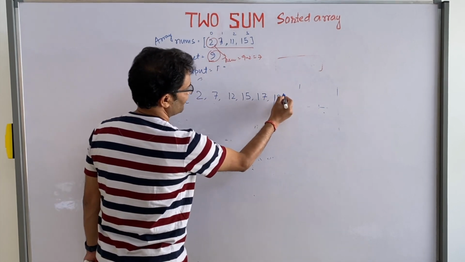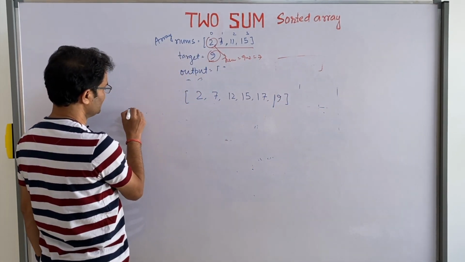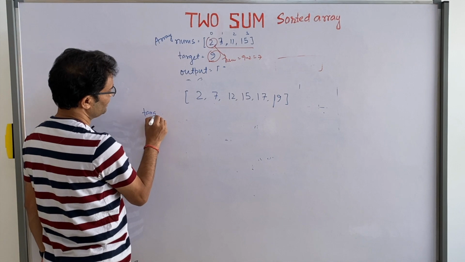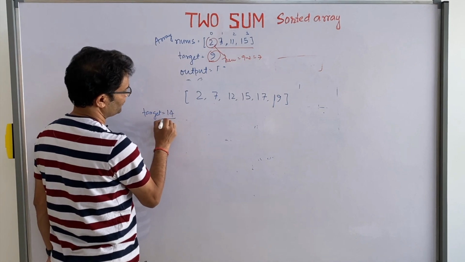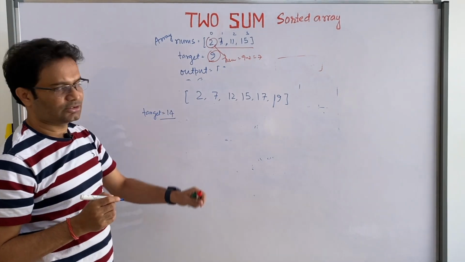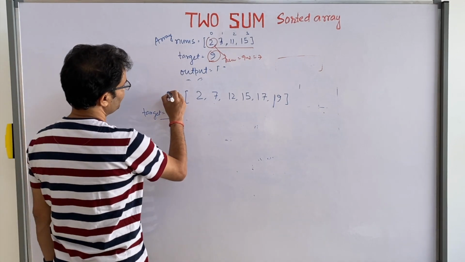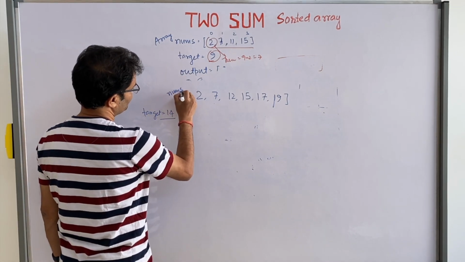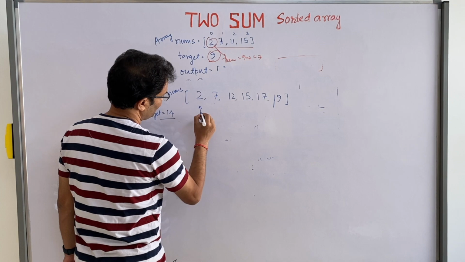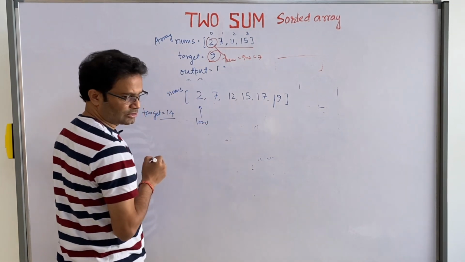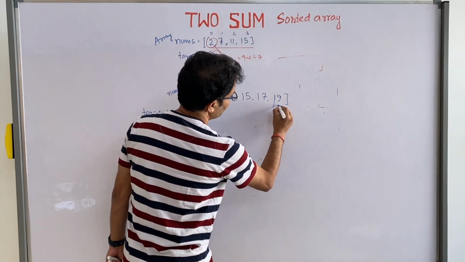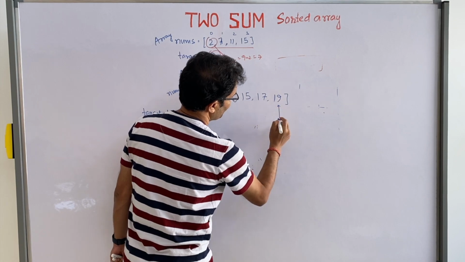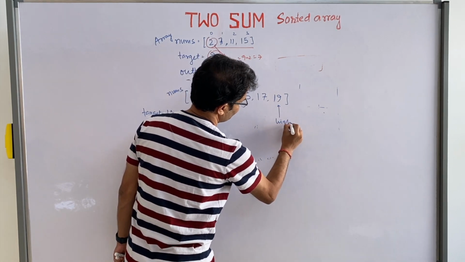If this is the array, the target you have to find is 14. In this case, this is sorted. So what we will do: we put one pointer here and name it low, and another pointer here, named high.